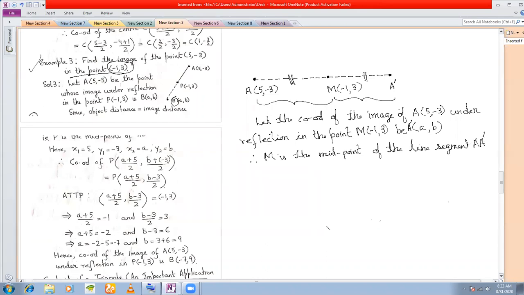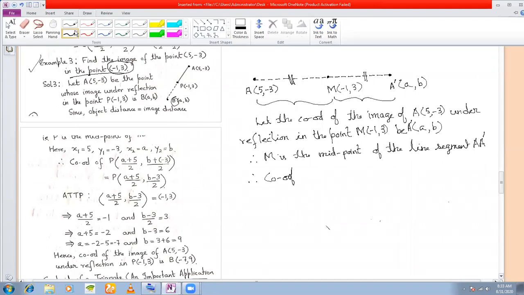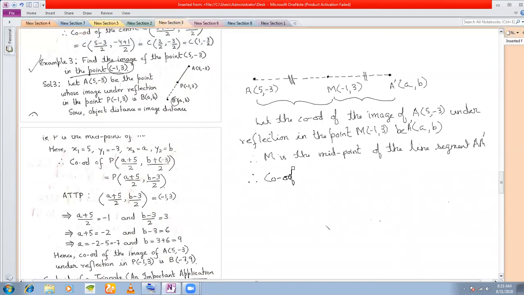If M is the midpoint and I have taken the coordinates of A dashed as AB, therefore what should be the coordinates of M? In terms of AB, I have this as my x1, y1 and this as my x2, y2.